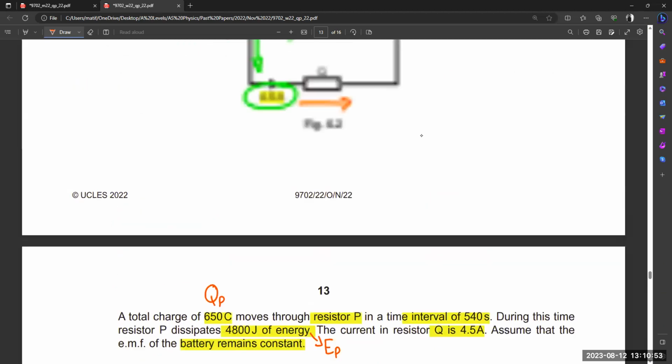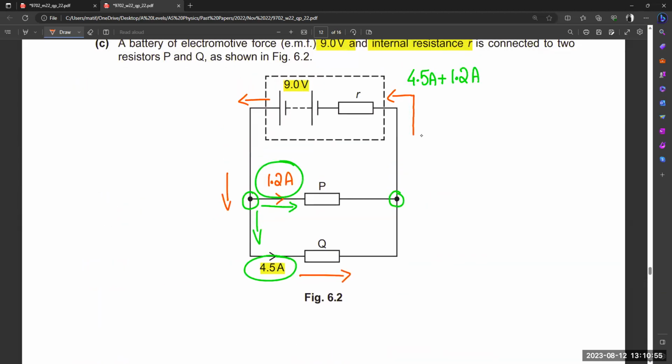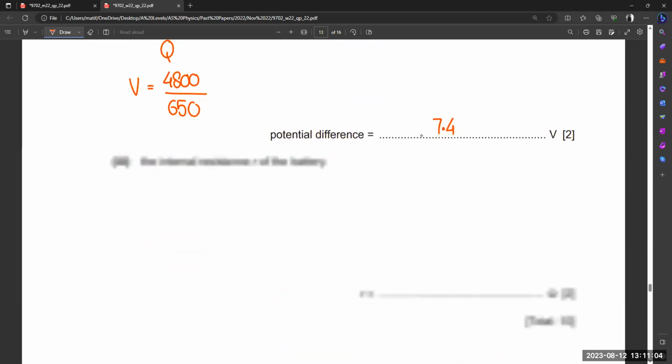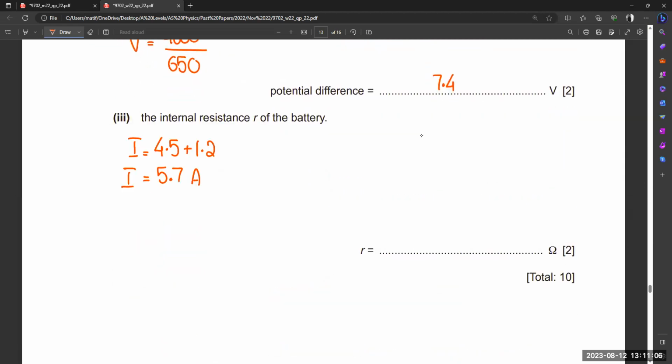And we know that the EMF is equal to 9 volt. And if you remember the formula, E is equal to I(R plus r), where the small r is for the internal resistance, and the big R is for the load.